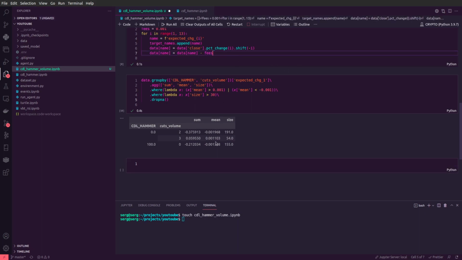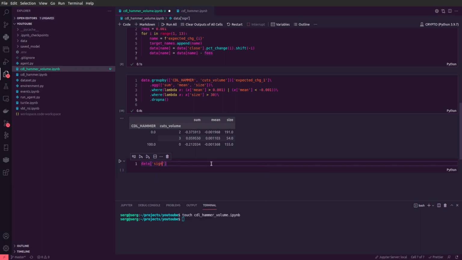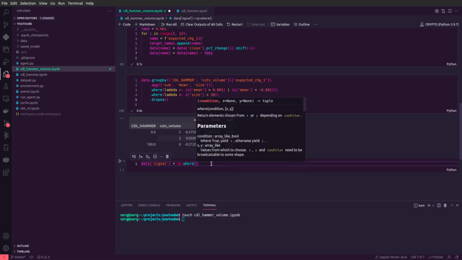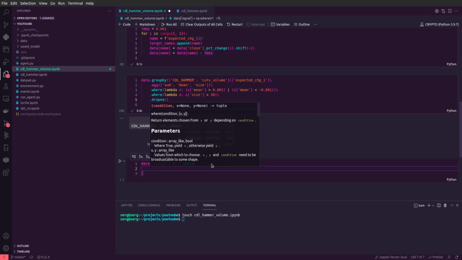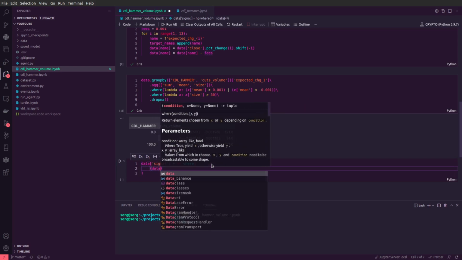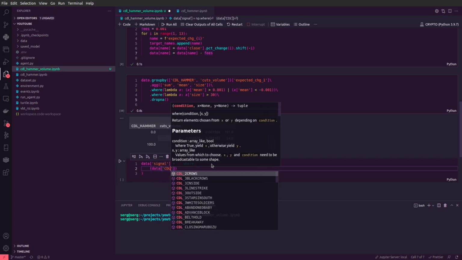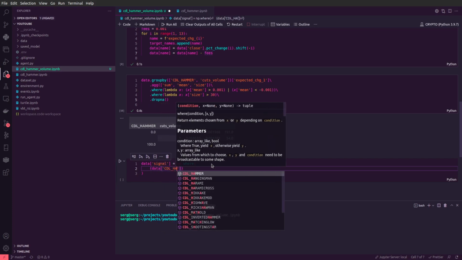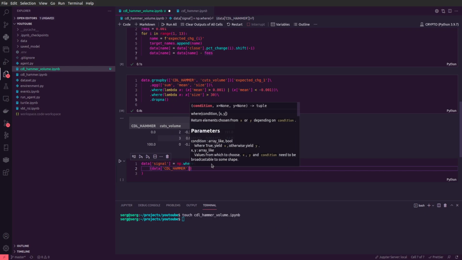Okay, let's do it. For example, data signal would be, and we are going to use numpy where, and also we need to input our condition. It means candle hammer should be equal to 100.